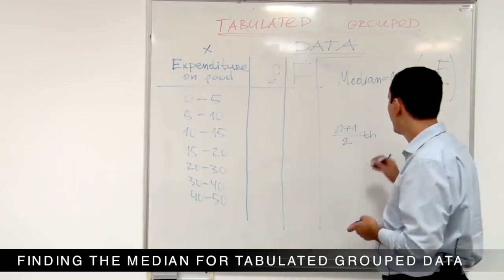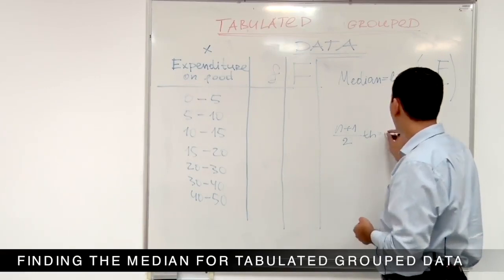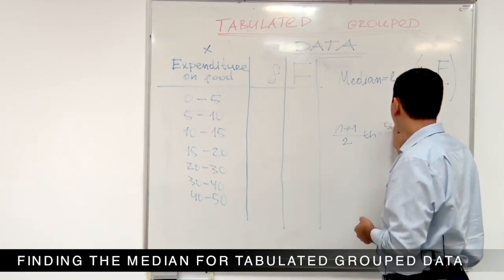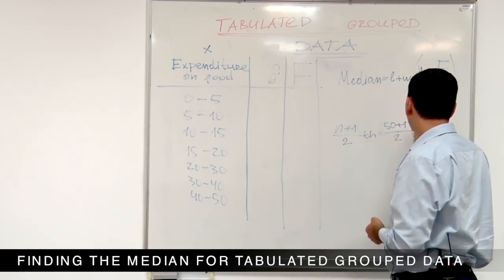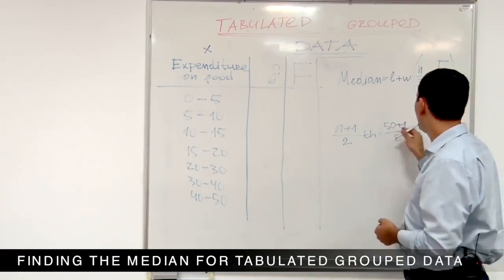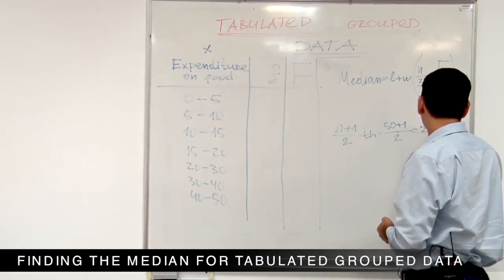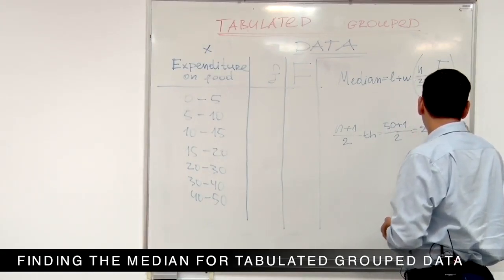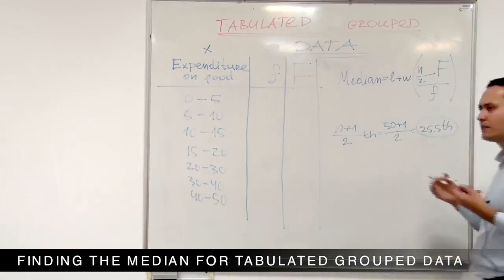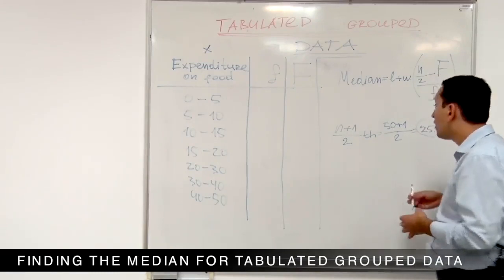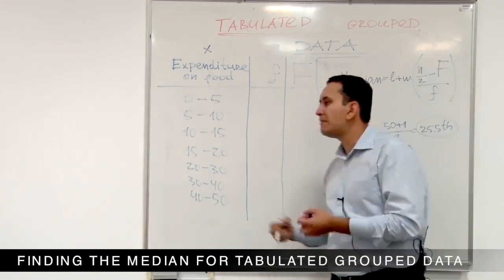In this case, n is equal to 50 because there were 50 respondents, plus 1 divided by 2, you get 51 over 2, that's going to be the 25.5 value. And now we use the formula given on top to find the median.